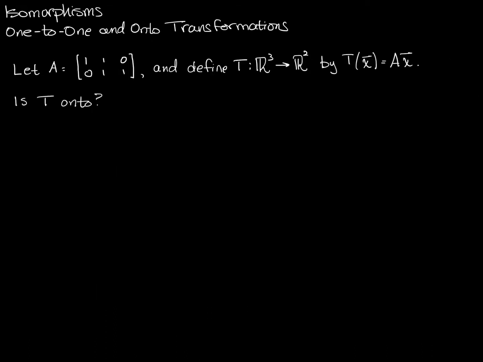All right, we have a very similar transformation here. It's mapping a vector onto a matrix vector product. But this time we're going from R3 to R2, and our matrix is a little different. Instead of a 3 by 2, we have a 2 by 3. So to start with, I'll do the same thing as before.